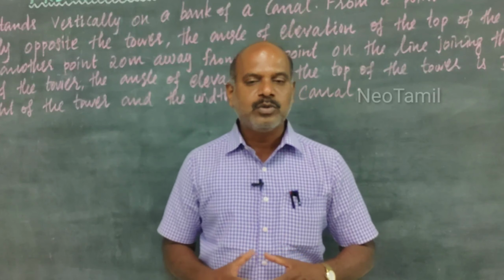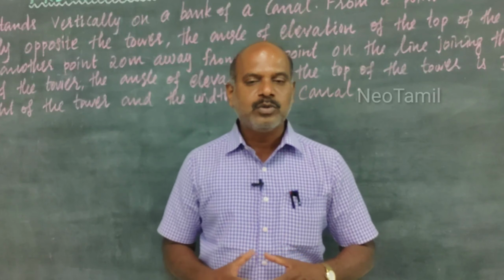In this canal, a TV tower is standing on one bank of the canal. The observation person lies on the opposite side, directly opposite, on the other bank of the canal. Okay, so this is the width of the canal.